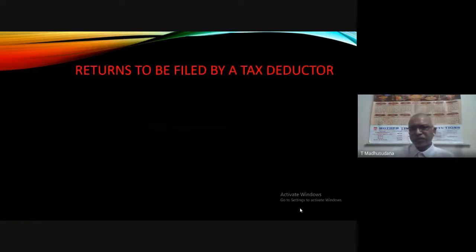Next, returns to be filed by a tax deductor. These people also compulsorily register under the GST Act because they are deducting tax from the customers. Therefore, they have to file returns. The form in which they have to file returns is GSTR 7.